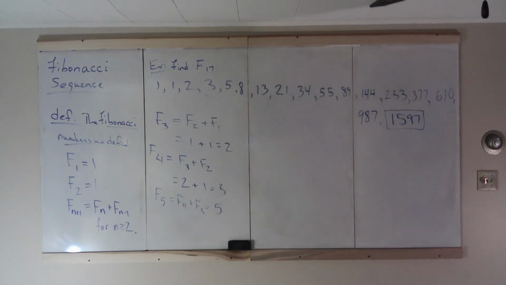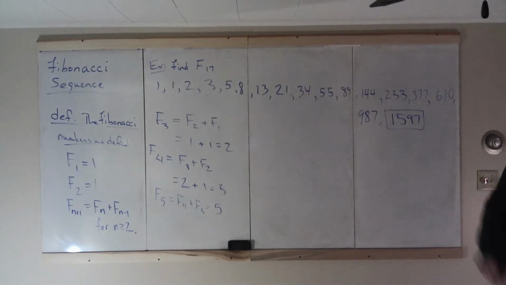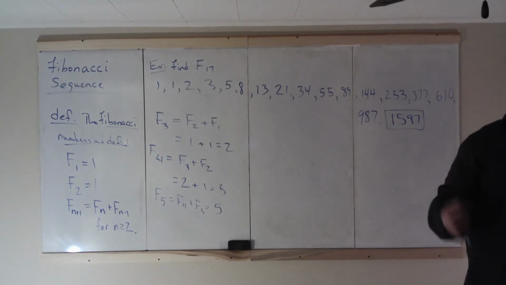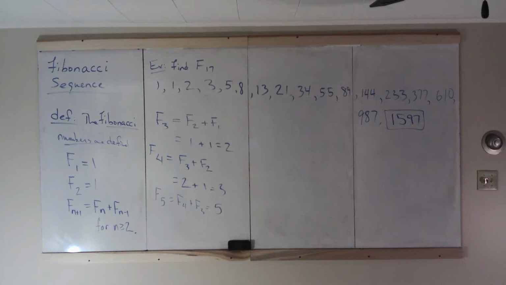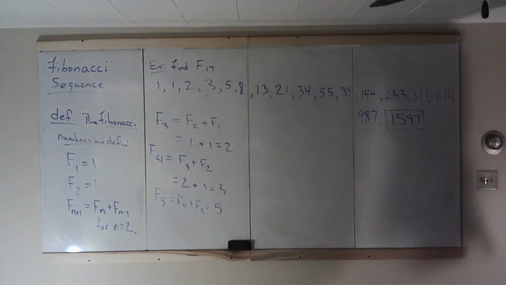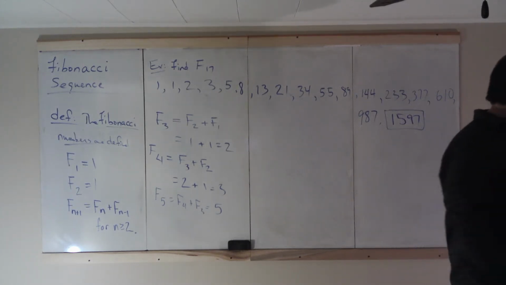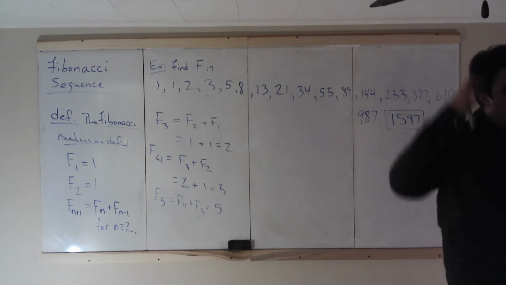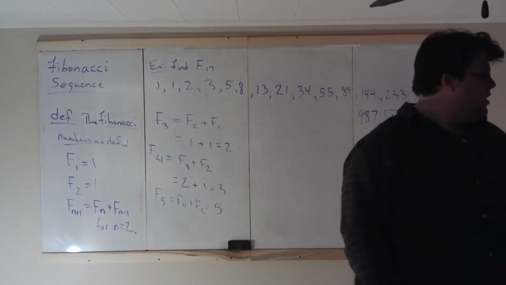So in the first case, going counterclockwise, there are 13 whorls. A set of those is a whorl, W-H-O-R-L. Going in the counterclockwise way, there are 13 whorls. Going in a clockwise way, there are 8 whorls on that particular pine cone, and in general, pine cones will have a Fibonacci number of whorls.